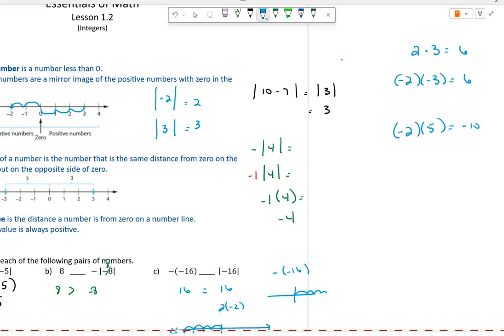Okay? So do you look at the first? You always look at the sign, whether it's positive or negative, and then you look at the other number. Because we can only multiply or divide two numbers at a time, right?